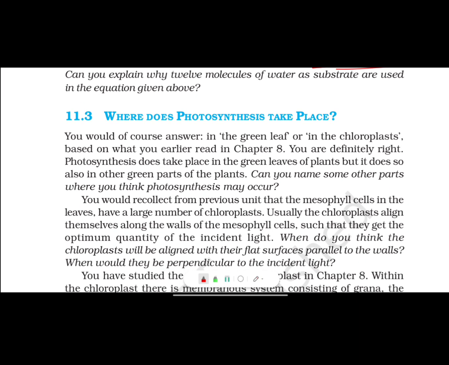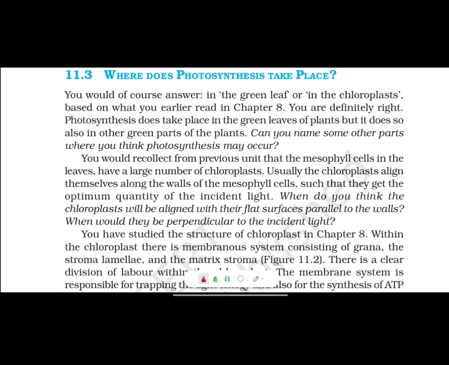Where does photosynthesis take place? You would of course answer in the green leaf or in the chloroplast. What will be present inside the chloroplast?